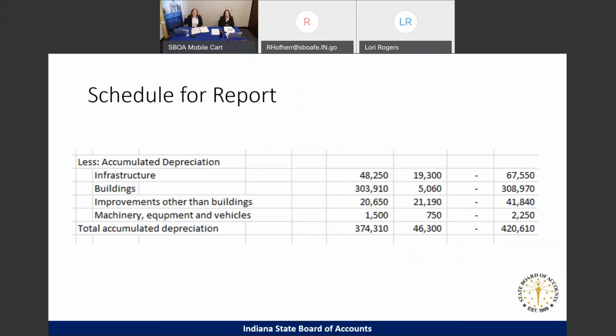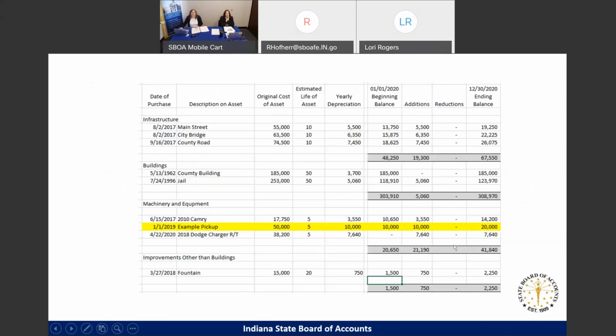So that very bottom part of the schedule, your accumulated depreciation, you have your beginning balance, the additional accumulation that comes directly from that spreadsheet, and then what your ending accumulation depreciation is. And all of these numbers then can tie back to this schedule right here. So that once you get to this point, these are the numbers that you're running into Gateway.